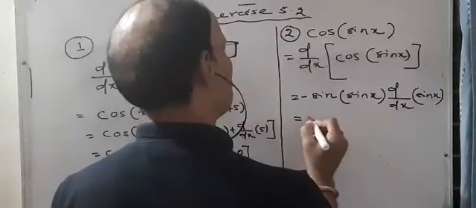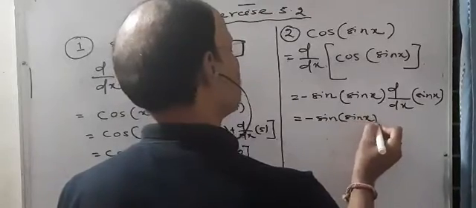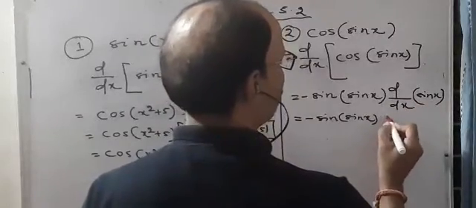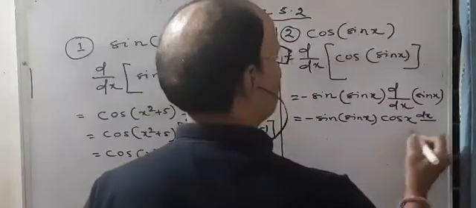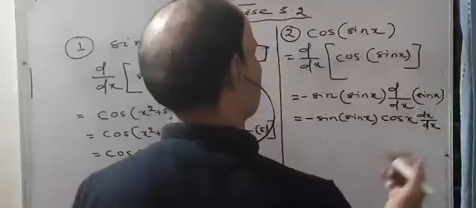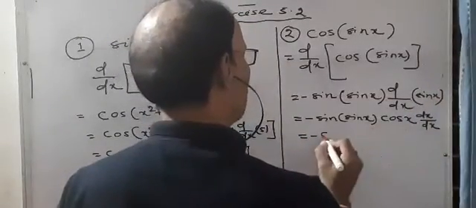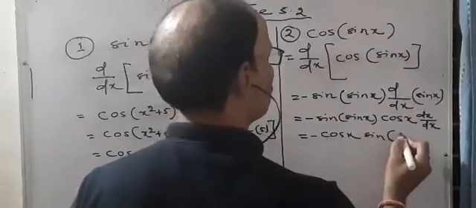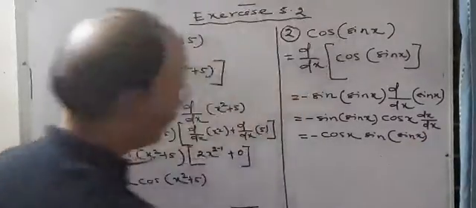So now it will be sin(sin x), then d/dx of sin x, it will be cos x, then d/dx of x, which is 1. So now it is minus cos x sin(sin x). This is the answer for the second question.